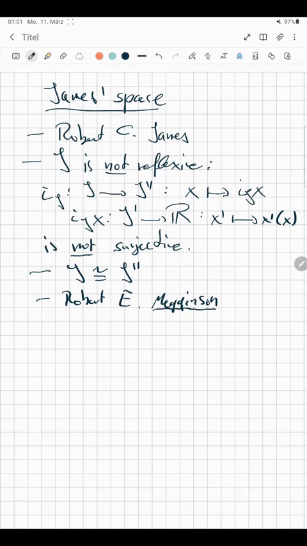This will be my primary source, and basically the whole lecture will follow the construction and the theory for James space the same way that Megginson does it in his book. If you want to check out his book yourself, it is called An Introduction to Banach Space Theory.